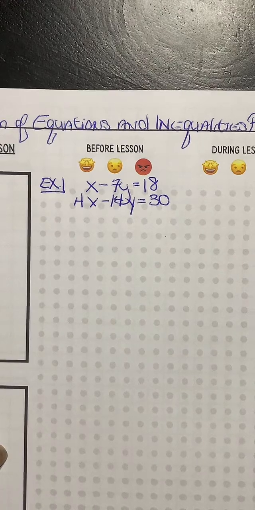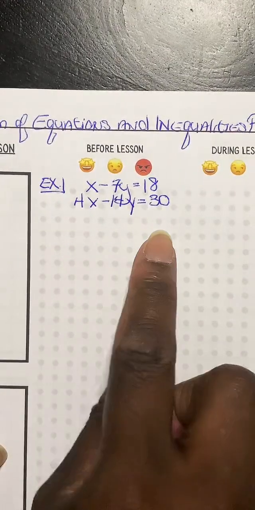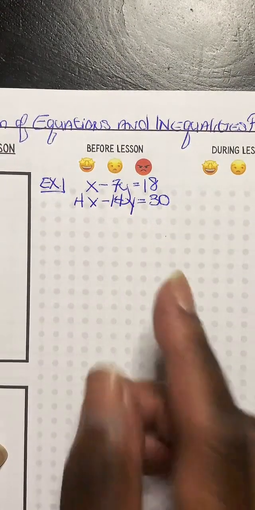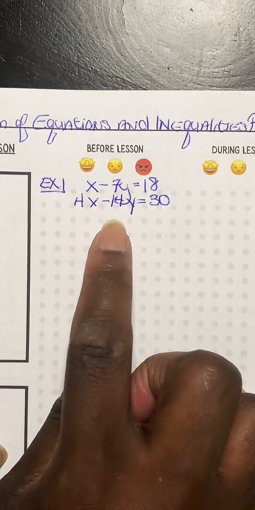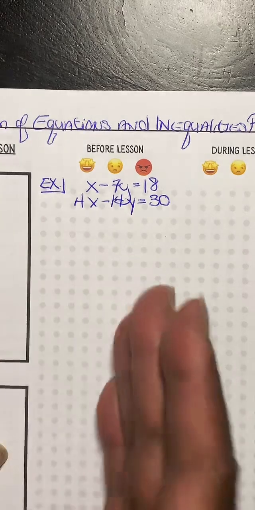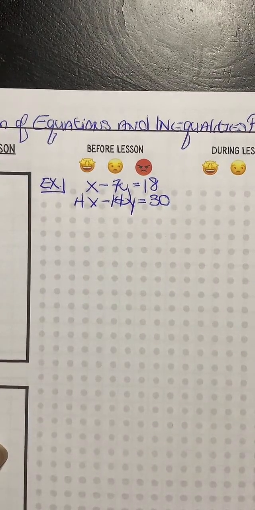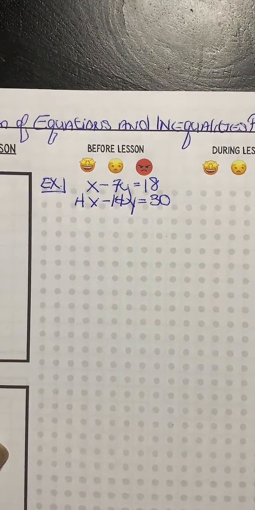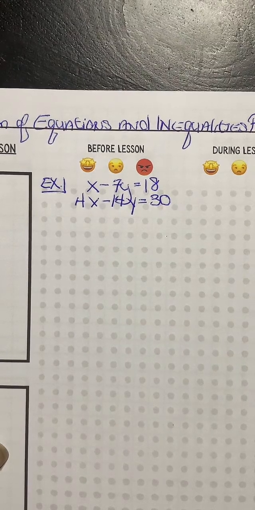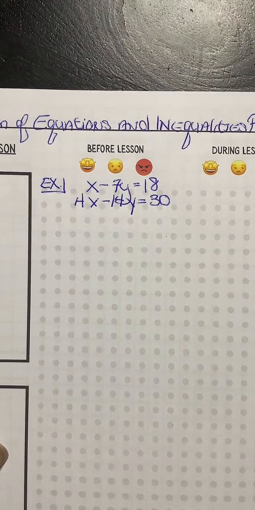Unless your classroom teacher says to solve this using substitution, then you have to do that method. But most of you watching are going to be using this to pass Accuplacer, ASVAB, GED, what have you. So we always love our shortcuts.